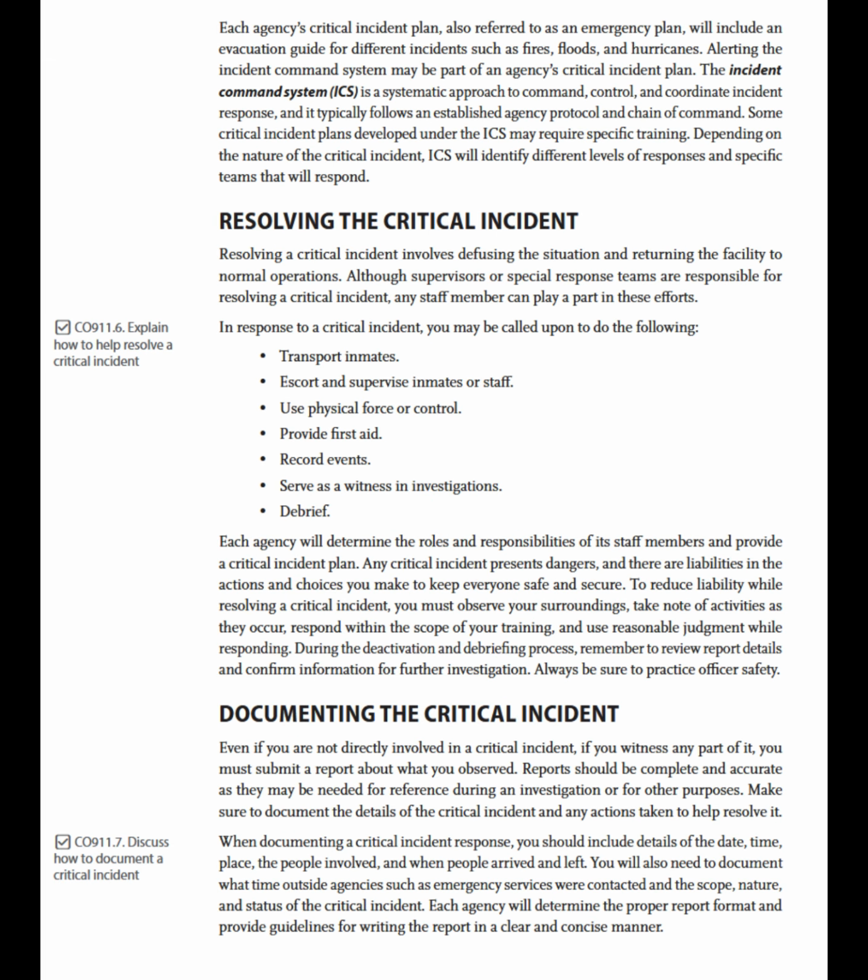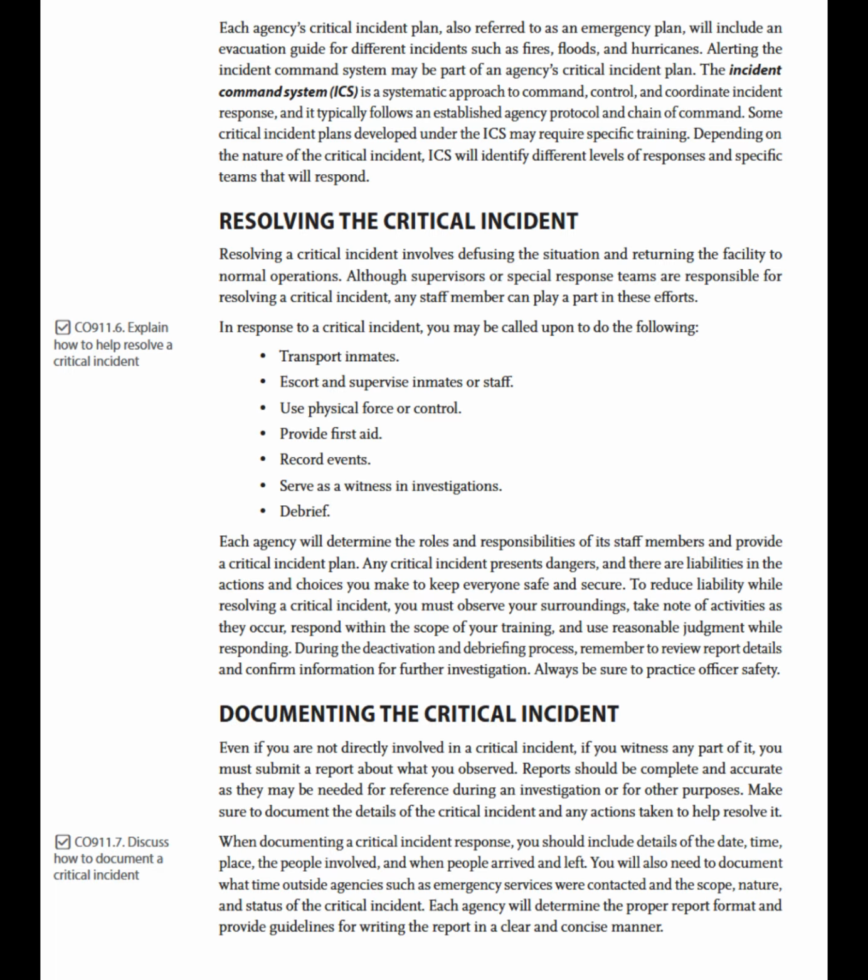Each agency's critical incident plan, also referred to as an emergency plan, will include an evacuation guide for different incidents such as fires, floods, and hurricanes. Alerting the incident command system may be part of an agency's critical incident plan.